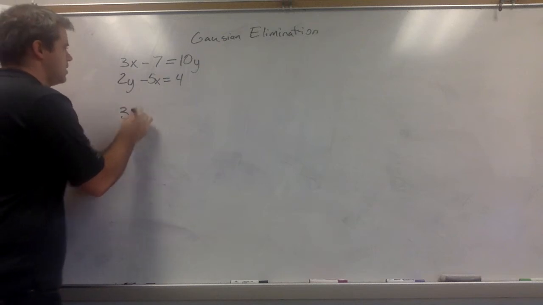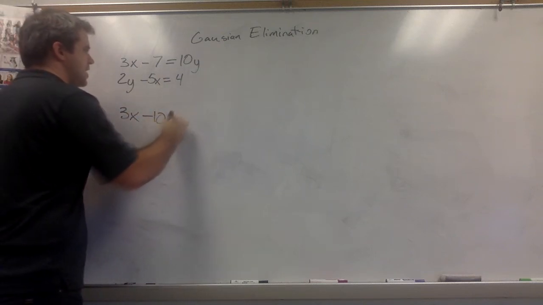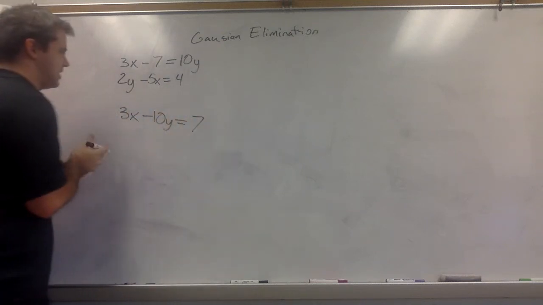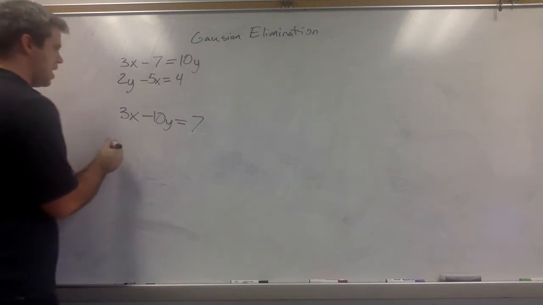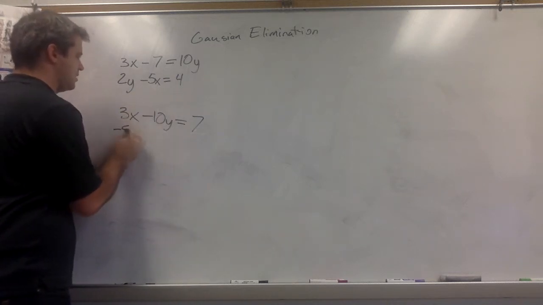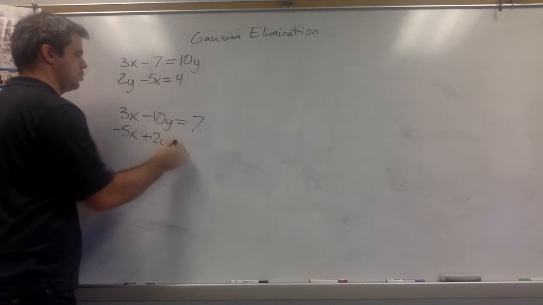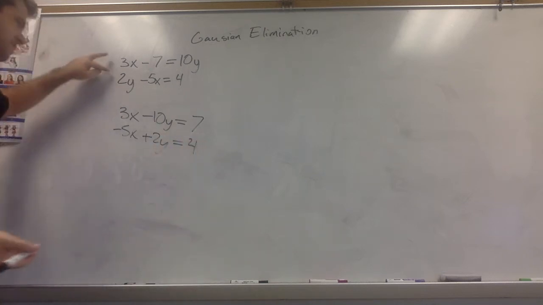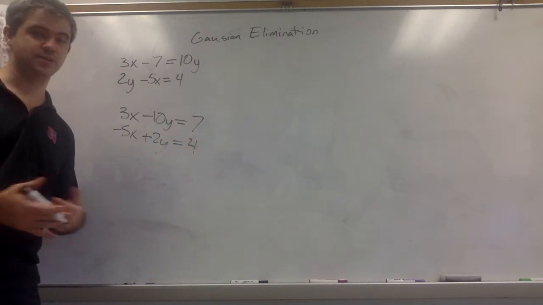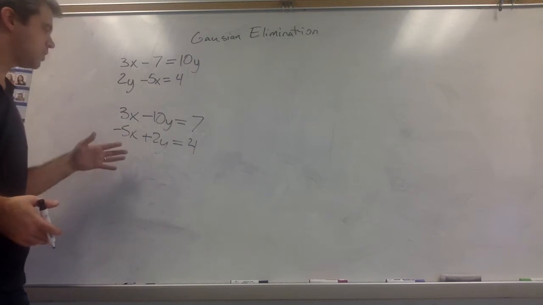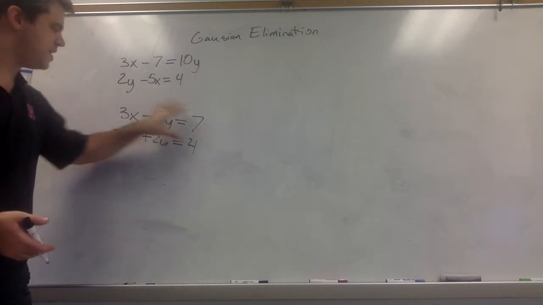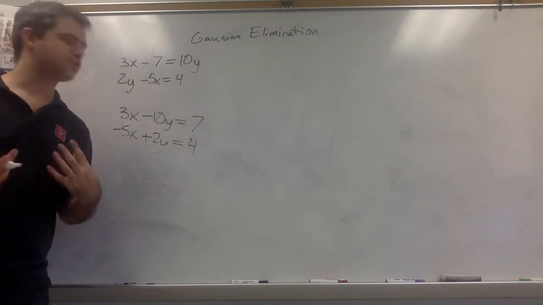So I'm going to write 3x minus 10y equals 7. I'm going to write negative 5x plus 2y equals 4. It's the same equations, they're just written in standard form.